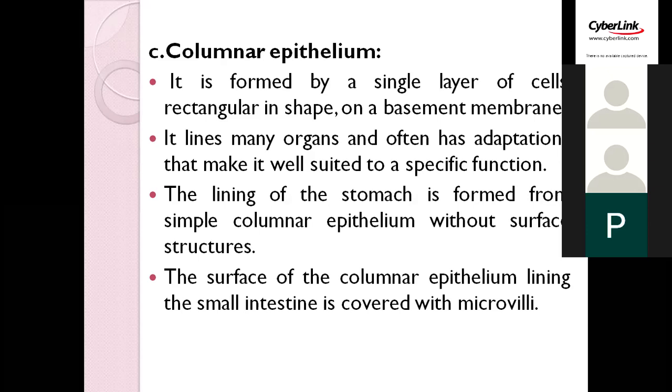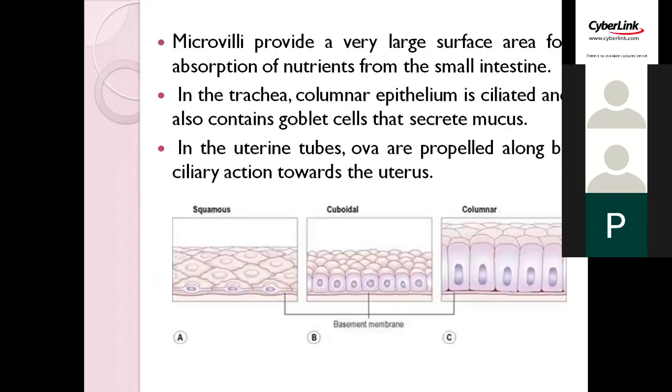This microvilli, if you remember, I discussed when I discussed cells. Then in the trachea of the respiratory tract, the columnar epithelium is ciliated. These are hair-like projections, and they help in the movement of any substance across the particular tract.